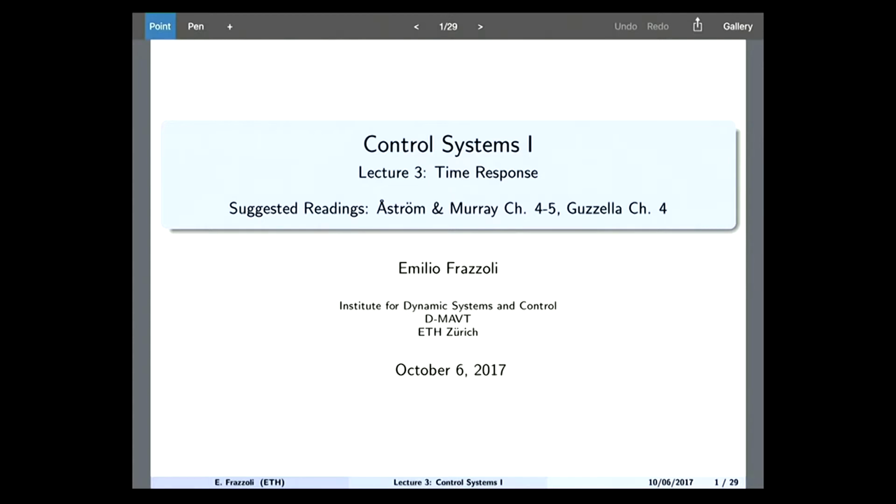I will cover all the material that you need to know in the slides. If you are looking for some additional material from a different point of view, to see things explained in a different way, you can look at the Astrom and Murray book, chapters 4 and 5, as well as Goodwin's book, chapter 4, okay? The material is not exactly the same, it's explained in a different way.